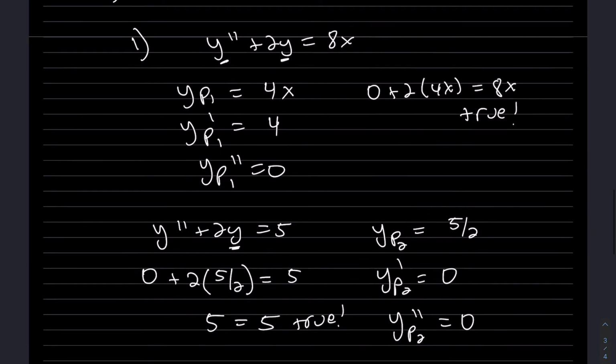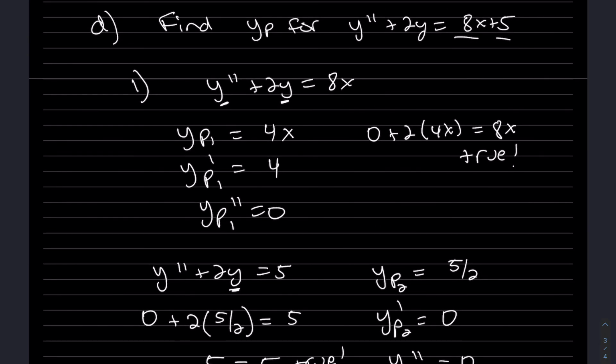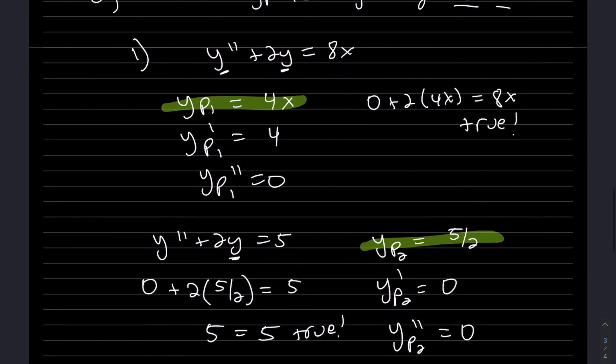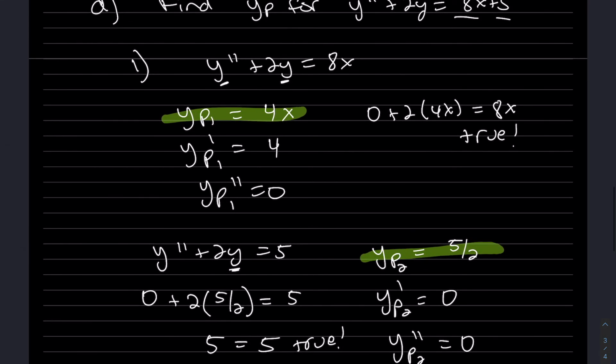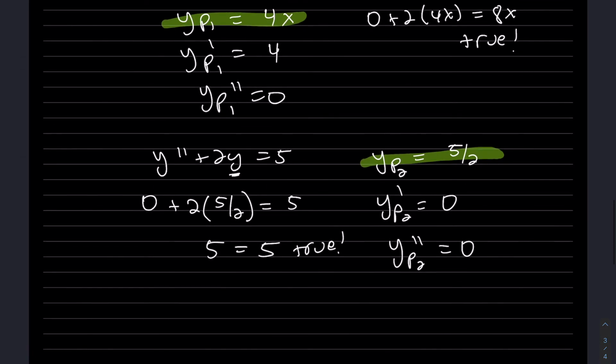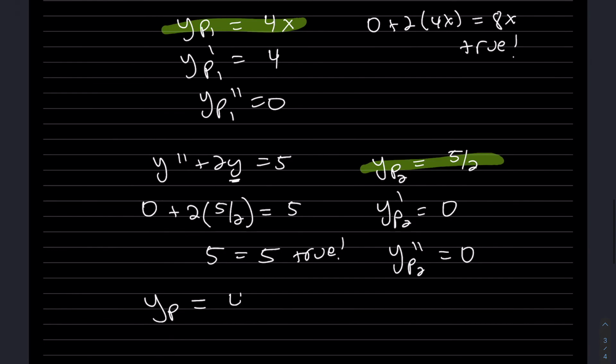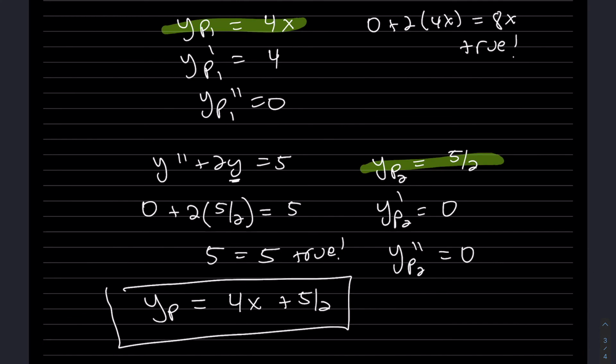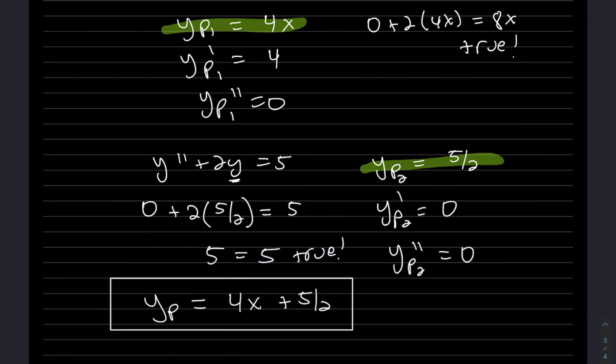So now that we've found the two particular solutions for g1 and g2, YP1 and YP2, my particular solution for the sum is the sum of those two YPs. And that's it.